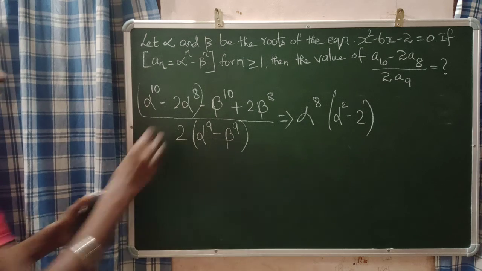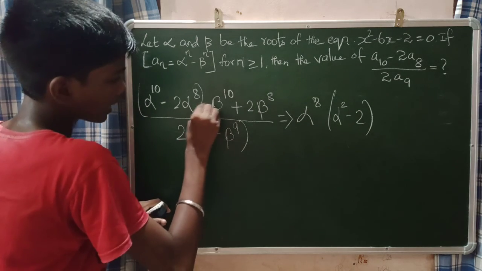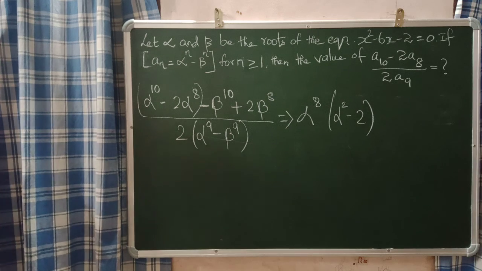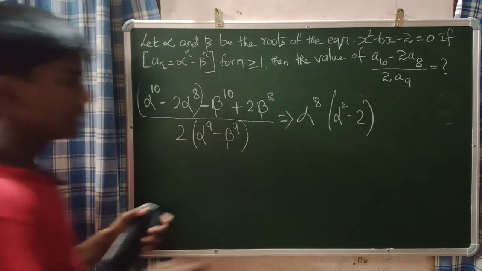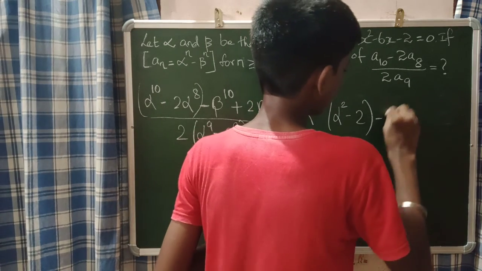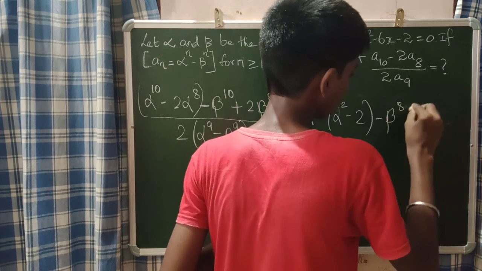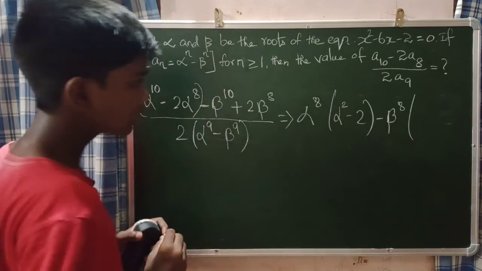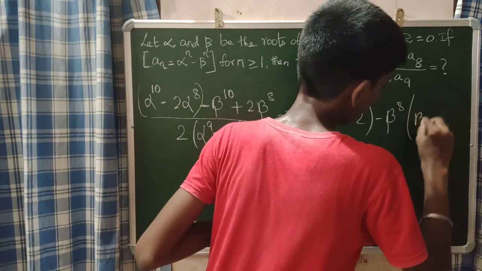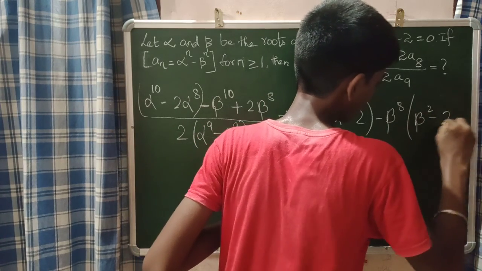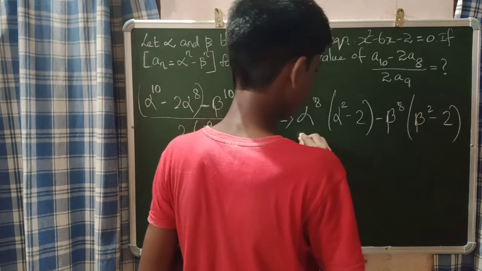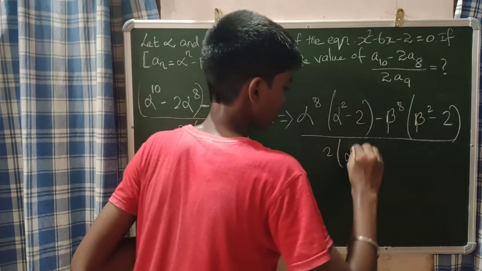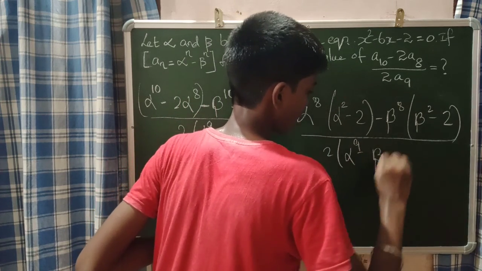What you can take common is minus of beta to the power of 8 common. Correct? I can take, right? So yes, of course, into beta square minus 2. Then divided by 2 into alpha to the power of 9 minus beta to the power of 9.